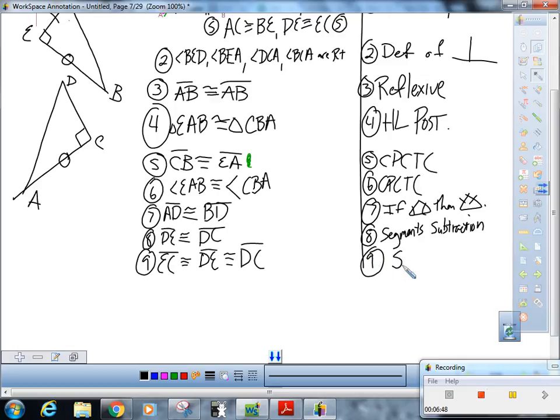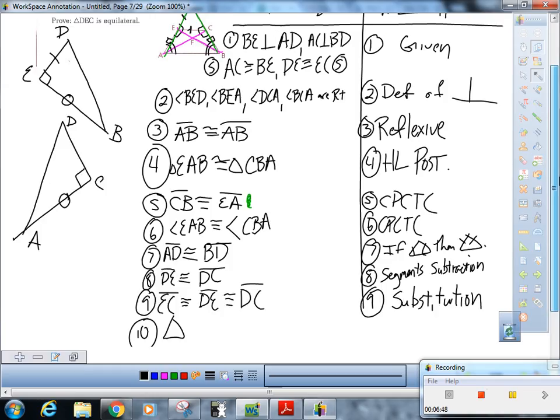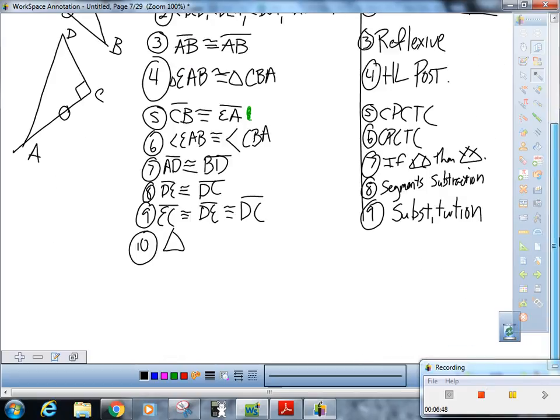Okay? And your final step is that triangle DEC is equilateral. And what would my reason be? Definition of equilateral, because I've just proven that three sides are congruent.